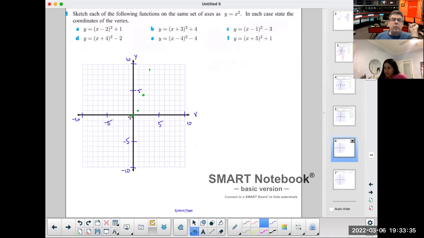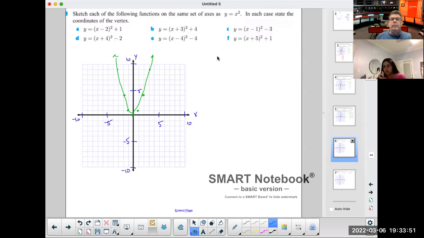I feel like in class we learned it would be the thing in the parentheses and then the number outside, but I can't remember if I remember that correctly. That is correct, and this is a horrible sketch of y equals x squared.